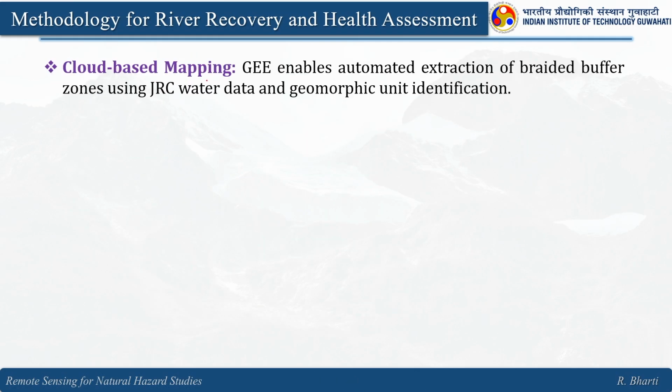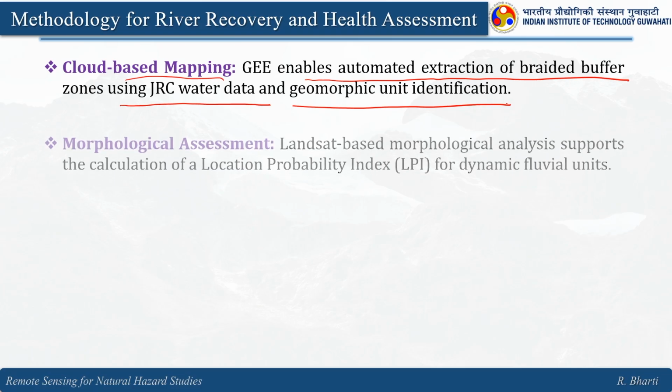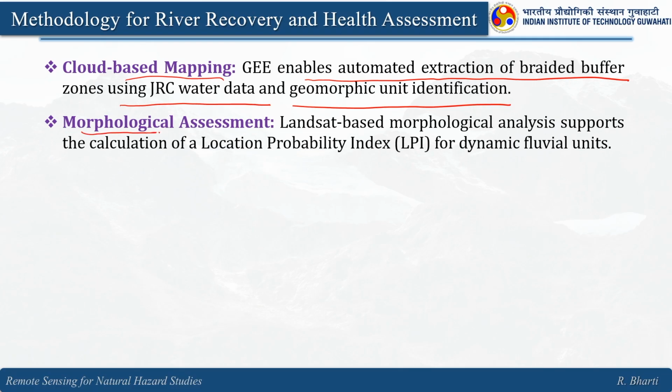The GE was used for the cloud based mapping, which enables automated extraction of the braided buffer zone using JRC water data and geomorphic unit identification. Then we have morphological assessment. It is Landsat based morphological analysis, which supports the calculation of a location probability index for dynamic fluvial units.